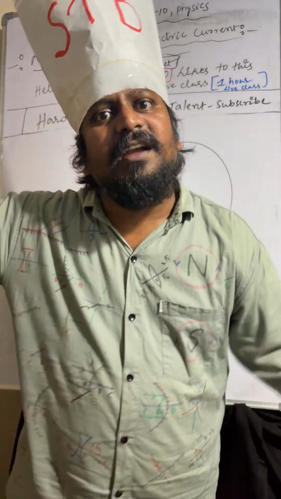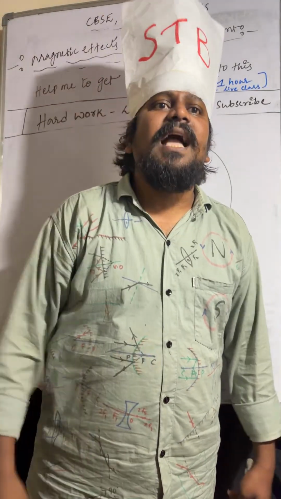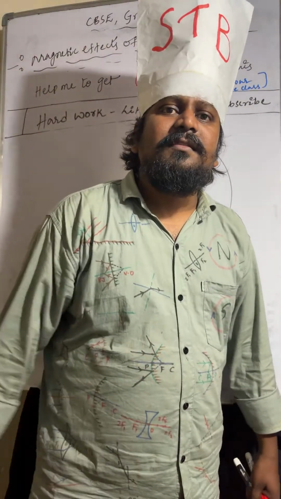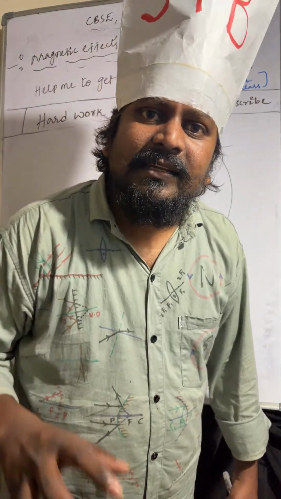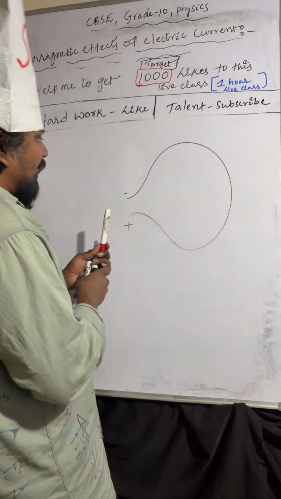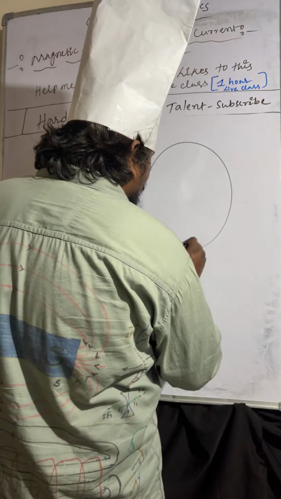How will the magnetic field be? You tell me how the magnetic field will be there. It will be in the form of, check here. I am checking here so you can observe.